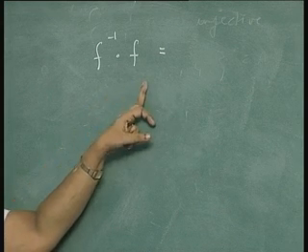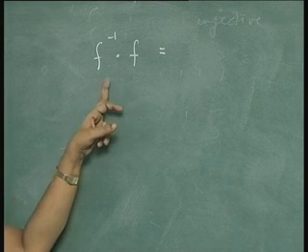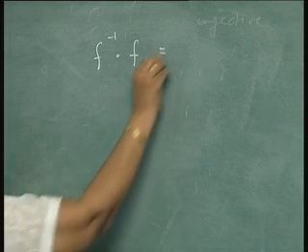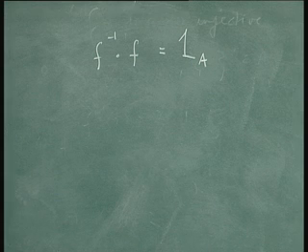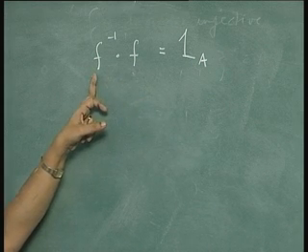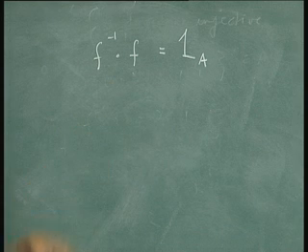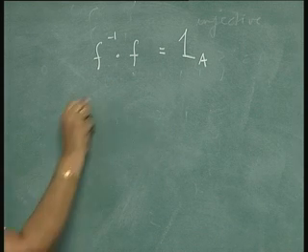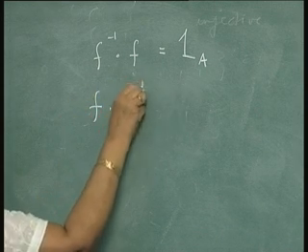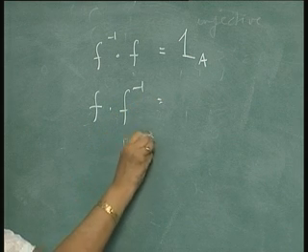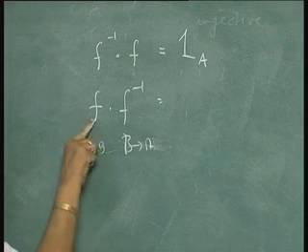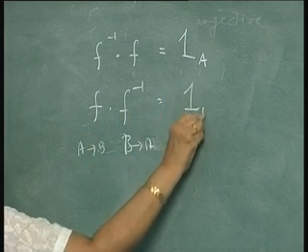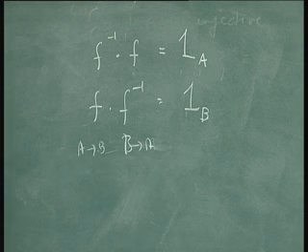F is from A to B, f inverse is from B to A. So f inverse dot f will be an identity function on A, because this is from A to B and this is from B to A. But what can you say about f f inverse? This is from B to A, and this is from A to B. So f dot f inverse will be the identity function, but now it will be on a different set, B.